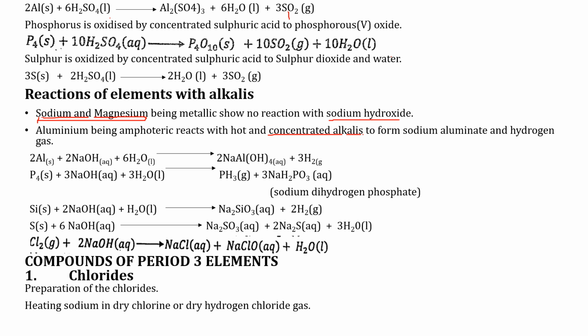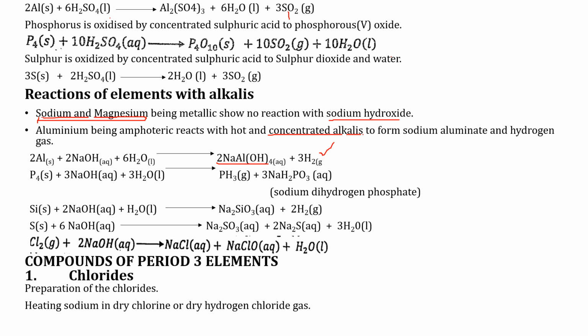Ionic equations, we are going to use them in learning how to balance these equations, which is going to be uploaded in the next video. The equations are very many, and you can't say that you are going to know how to balance each of them without a specific formula. So we are saying that aluminium reacts with sodium hydroxide in presence of water to form sodium aluminate plus hydrogen gas.